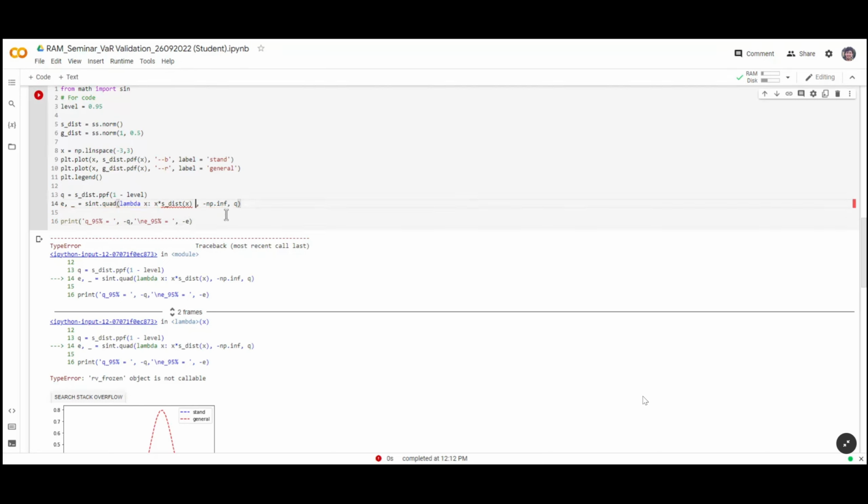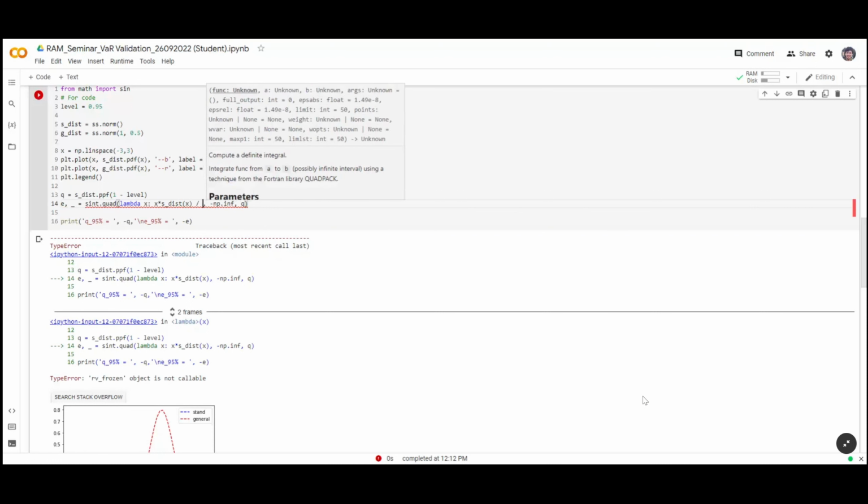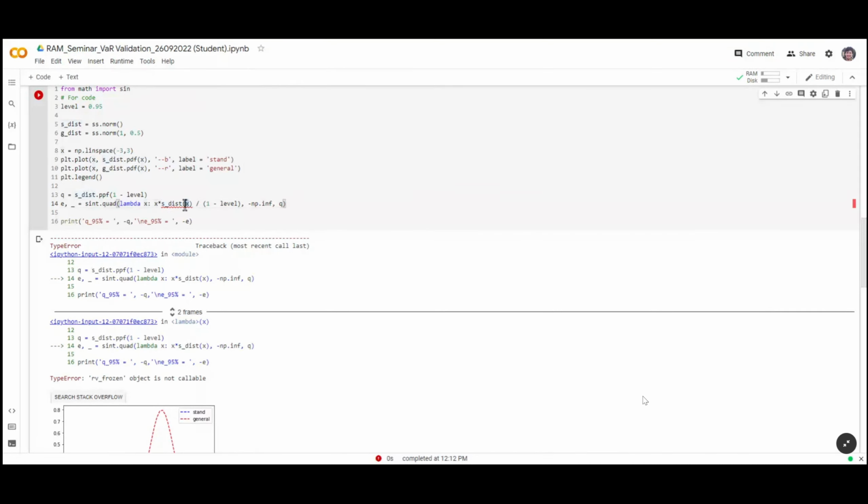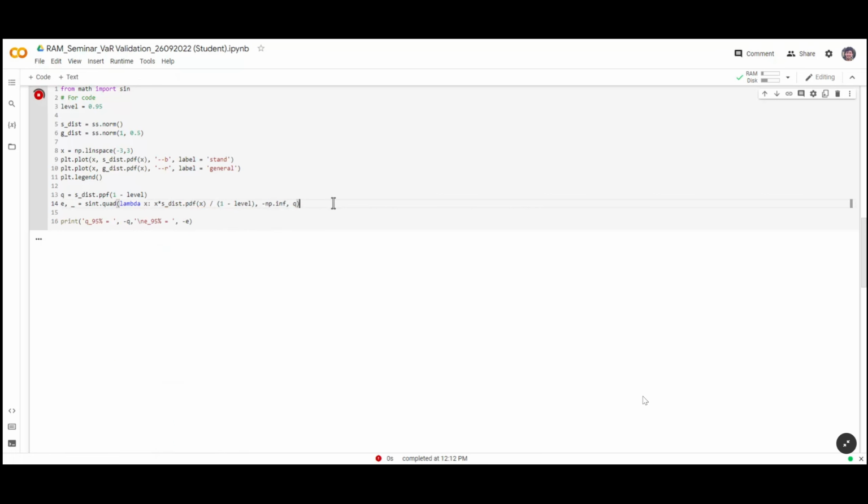Oh, first of all, I forgot to put level here by definition. And okay, it should be EF. Sorry about that. So now everything is correct.